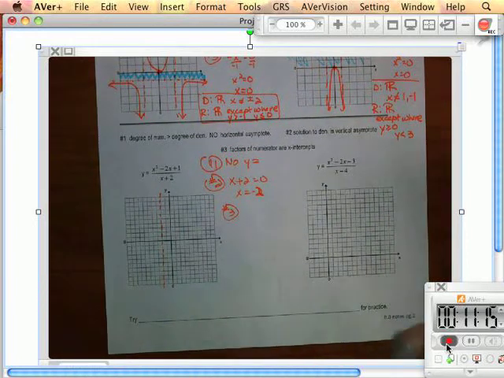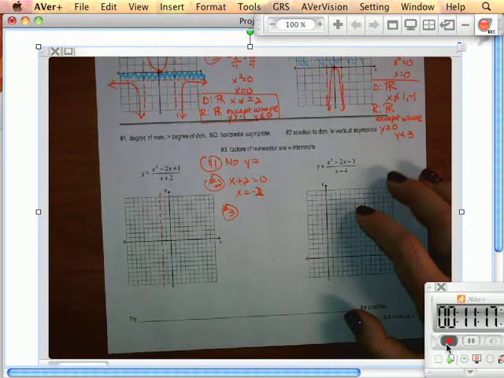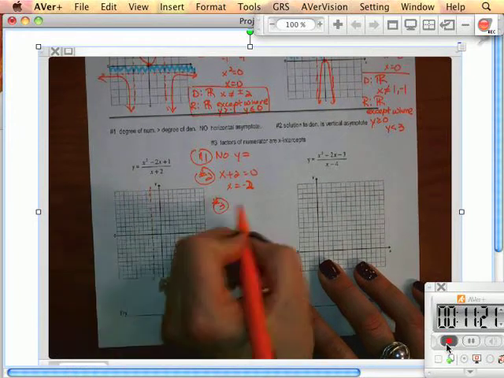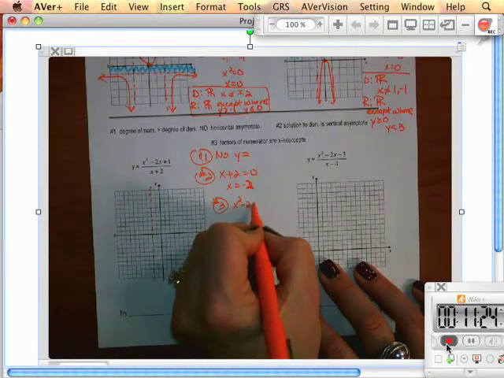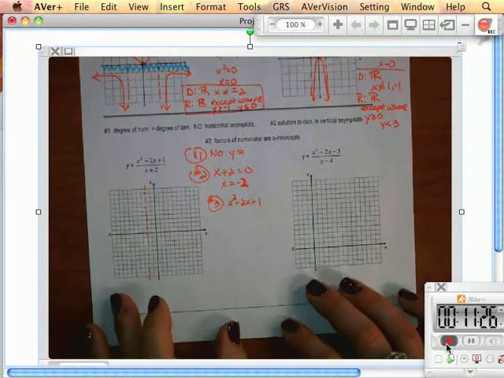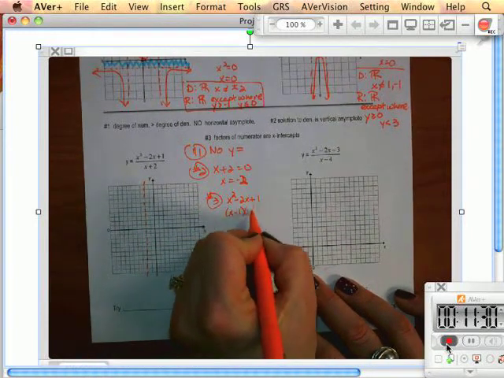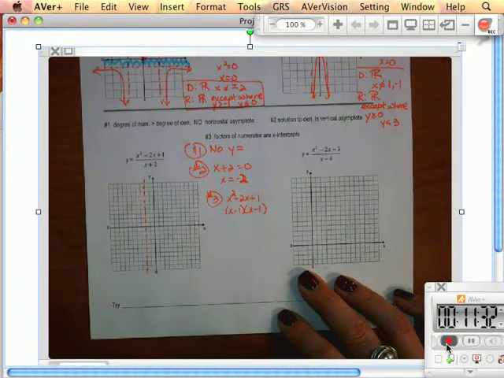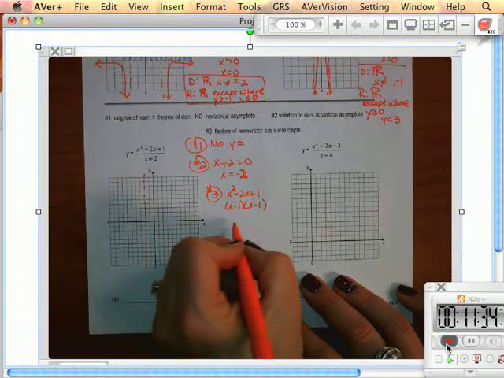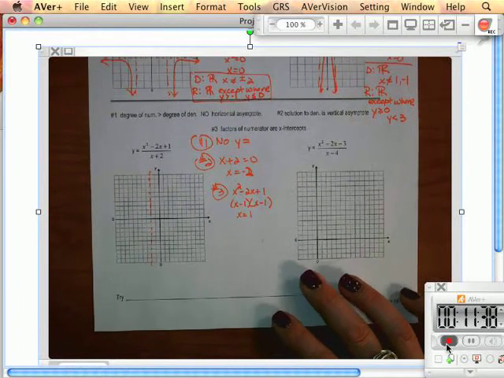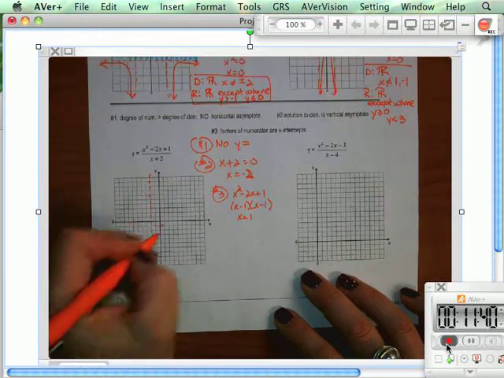You have to find the factors. The factors of the numerator are the x-intercepts. So I got to factor the numerator. Okay, so the factors, x minus 1, so x equals 1. That is my x-intercept, so I'm going to put a dot right there.